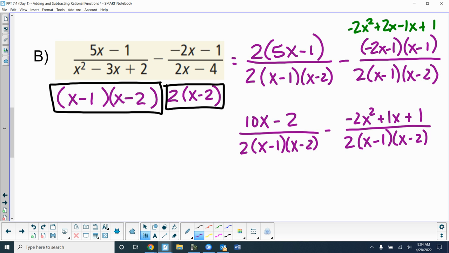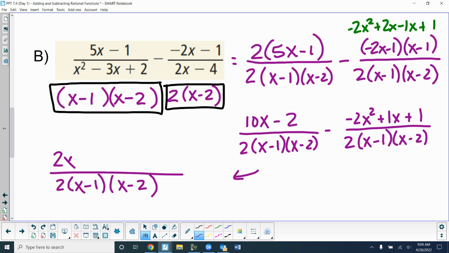Now, let's finish it up. I'm just going to bring it over here so I've got more room. That doesn't change. All right, combining like terms. There's no x squareds here. So 0x squared minus a negative 2x squared is positive 2x squared. 10x minus 1x is 9x.